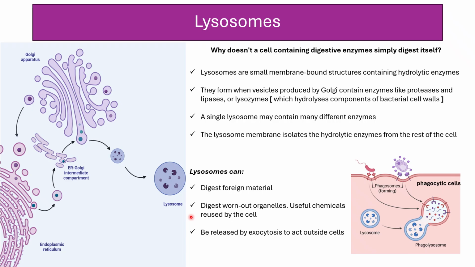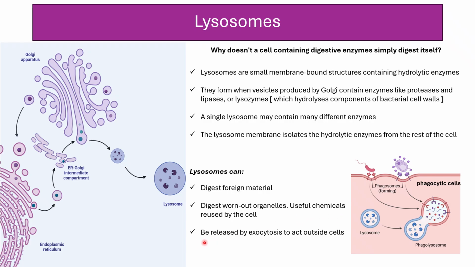Once the organelle is broken down, and this is important information, the useful chemicals will be reused by the cell. So nothing is wasted. Even if there is an old organelle, the lysosome will fuse with it, break it down, and any useful chemicals will be reused by the cell.